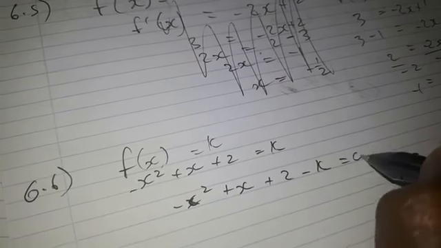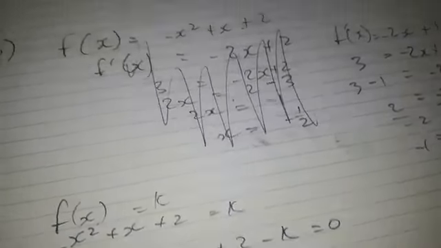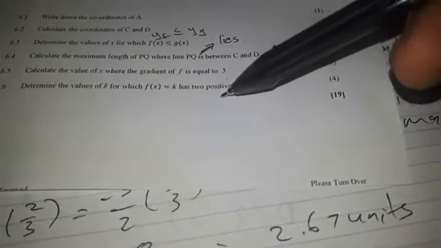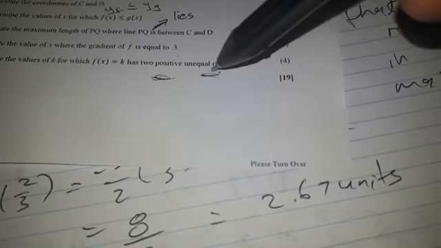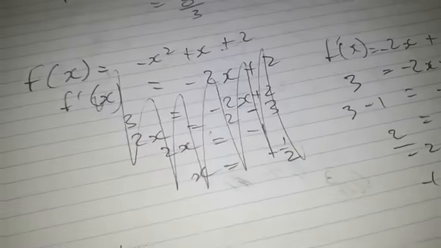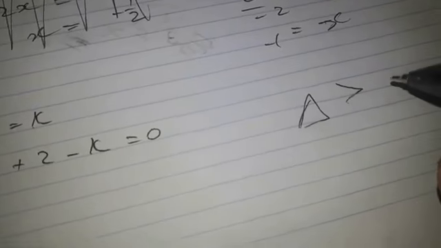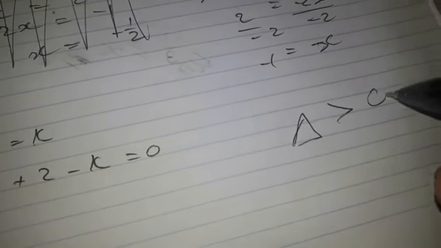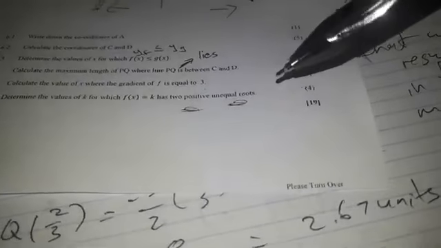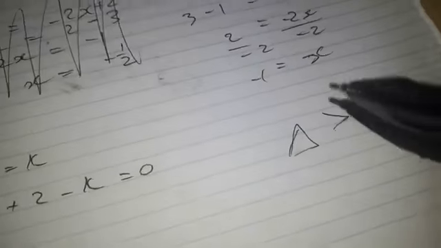Then, if you're looking for 2 positive unequal roots, we need the roots to be unequal. So where roots are unequal, you need to work out where delta is bigger than 0.